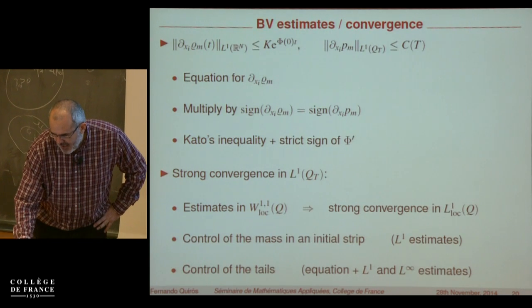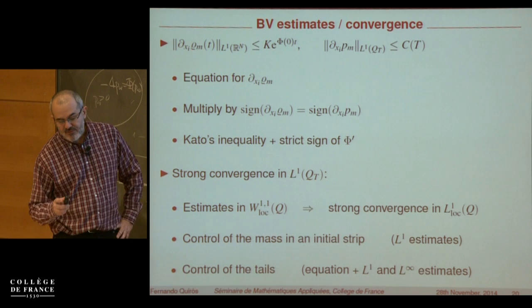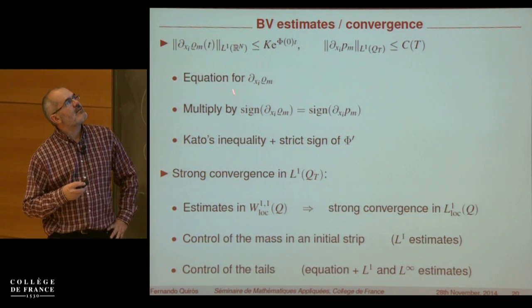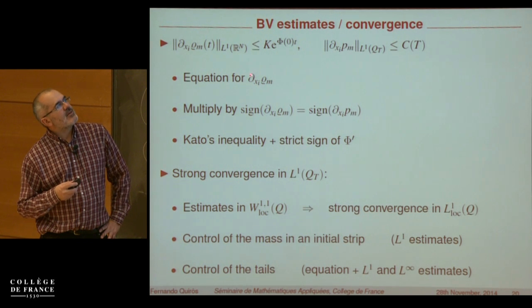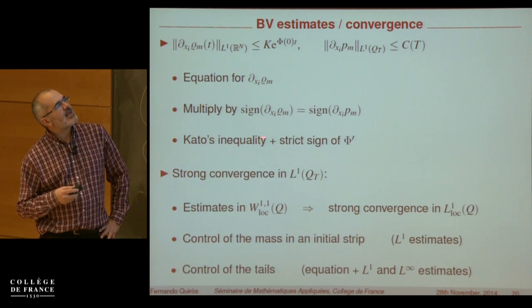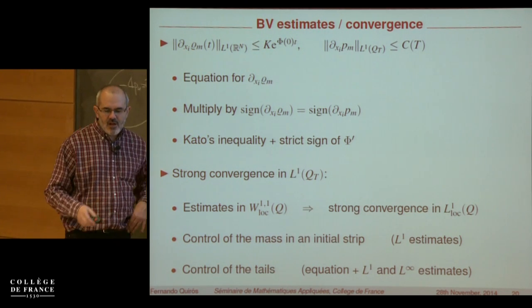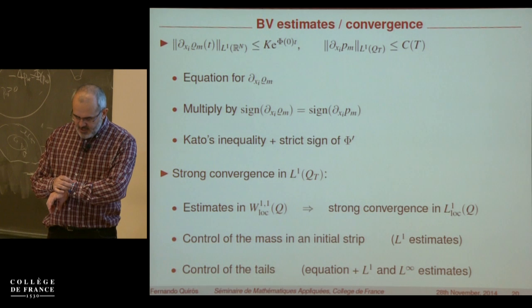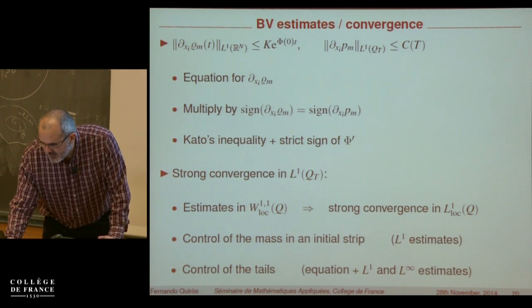And then the estimates for the gradients of rho and p are easier, they are more or less standard. You get an equation for the gradients, you multiply by the sign, and this is more or less standard. And all these estimates are enough to get a strong convergence in L1, which was what we wanted to have.